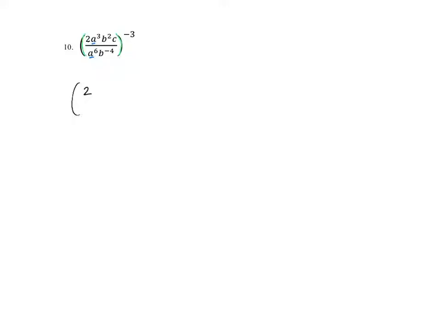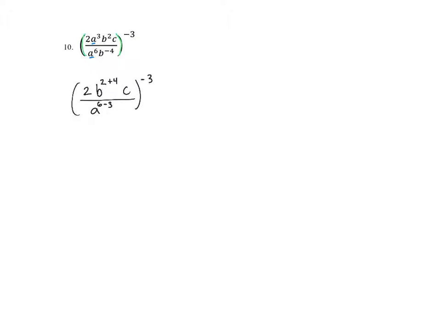I have more a's in the denominator, so I'm going to take those 6 from the denominator and subtract the 3 from the numerator. Okay, now for my b's, I have b's down in the denominator, so I'm going to take the b squared from the numerator, and I'm going to add those 4 from the denominator, and then nothing's happening to my c.